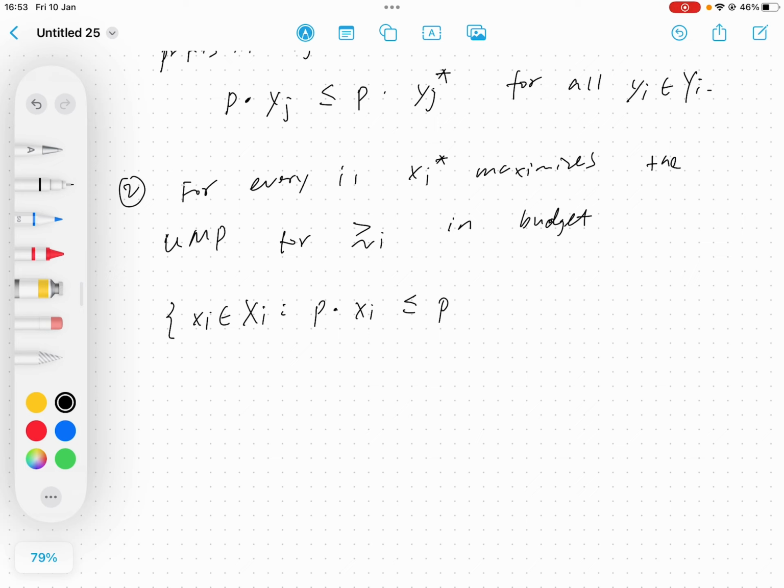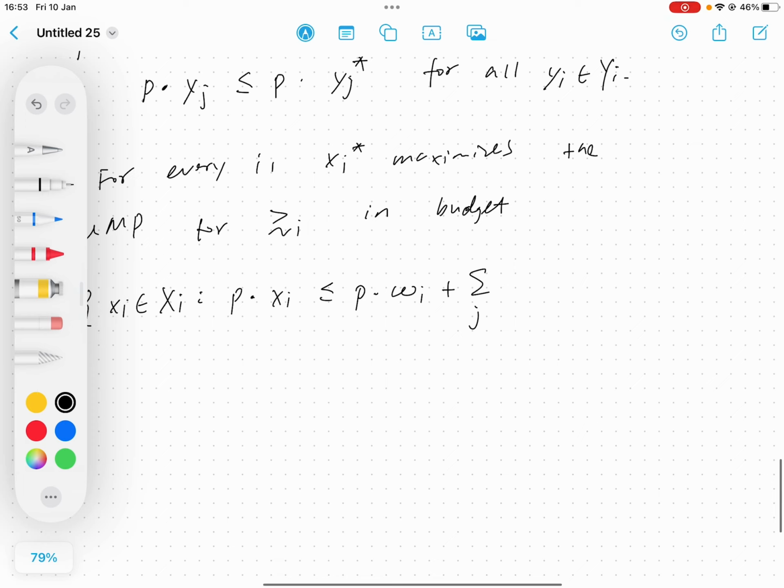So the money that each person has is the first endowment, p · omega_i, plus all those shares from all the firms that this person has. Okay, so that's going to be the sum of theta_ij p · y_j.